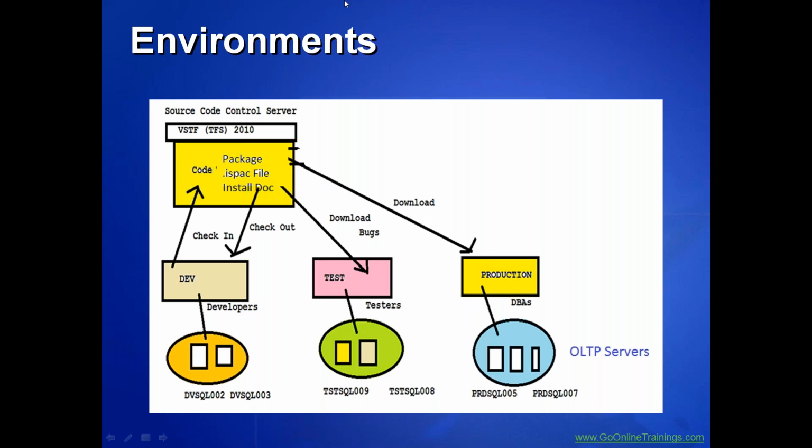You are supposed to give the code plus the install document, called the deployment document, and check it in. They will download these installation documents to their environment and install as per the steps given there.